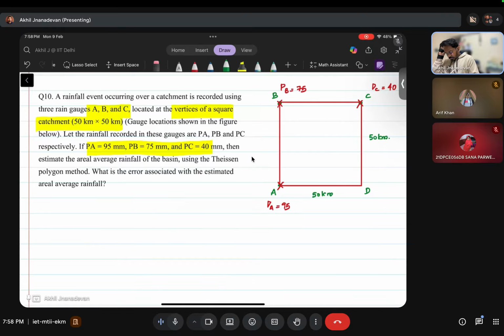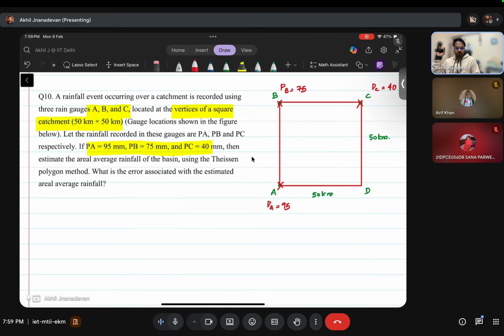So the very first step is to join all the rain gauges. We have three rain gauges, and we have to join them using straight lines. AB and BC are already joined, right?